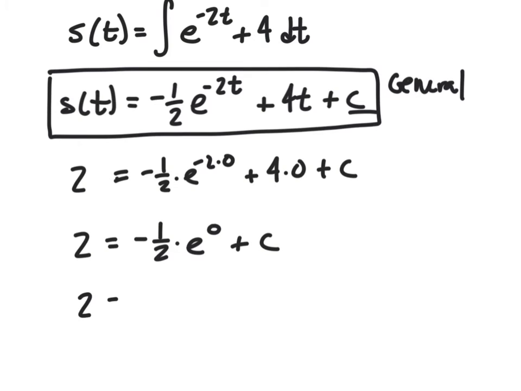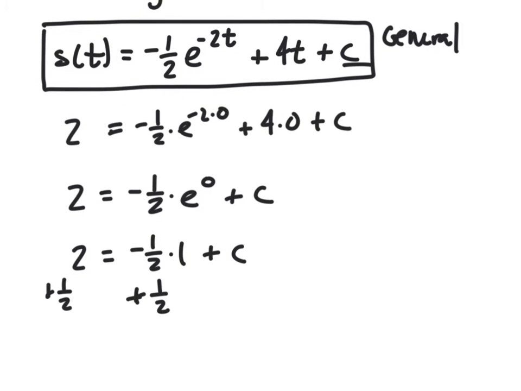So I get 2 is equal to negative 1/2 times 1 plus c. I'm going to add a half to both sides. So I find out that c is equal to 1/2 plus 2, which is going to end up giving me 5/2 for c.